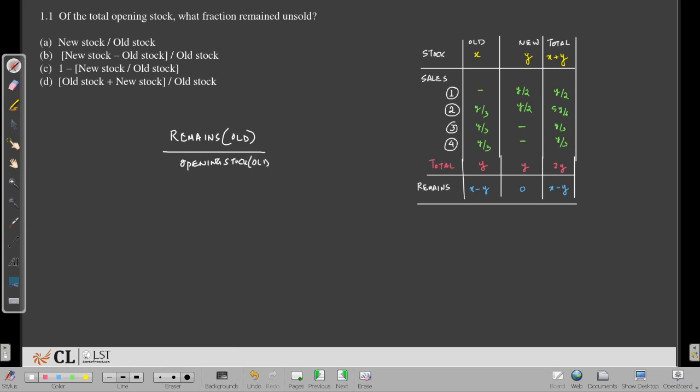What remains is x minus y, and the old stock is x. This can also be written as 1 minus y by x. So now you see y is the new stock and x is the old stock. 1 minus new stock divided by old stock, which is answer choice C.